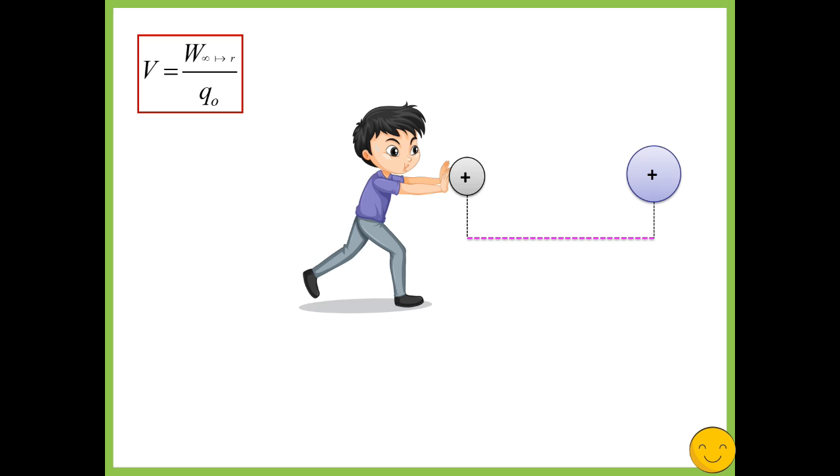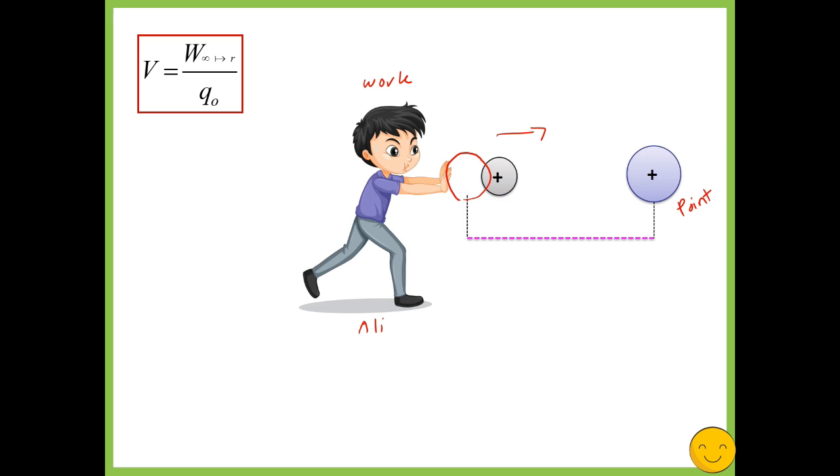Let us explore more about electric potential. Imagine we have a situation, this is Ali. Imagine Ali wants to push this test charge towards a point charge. When he pushes the test charge towards the point charge, Ali is actually doing work.